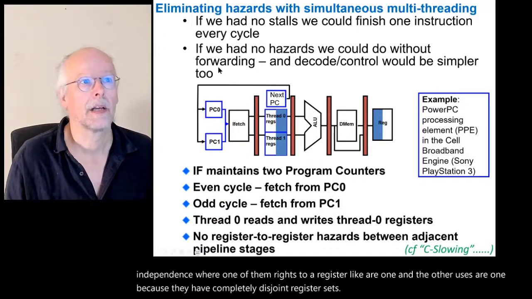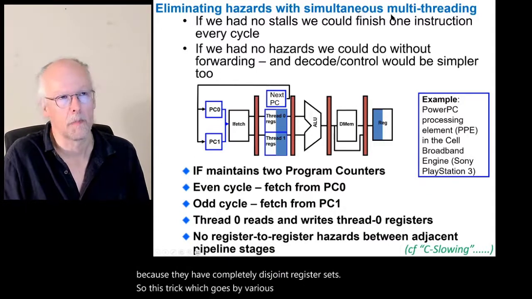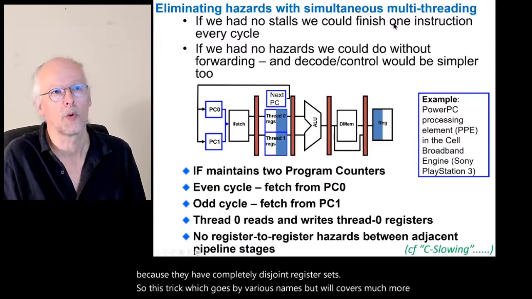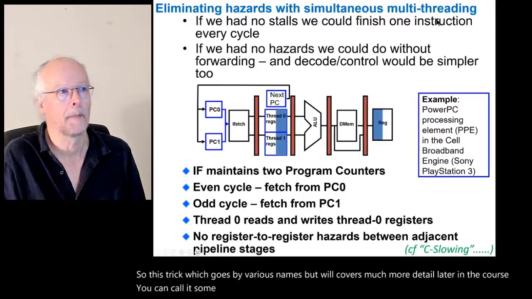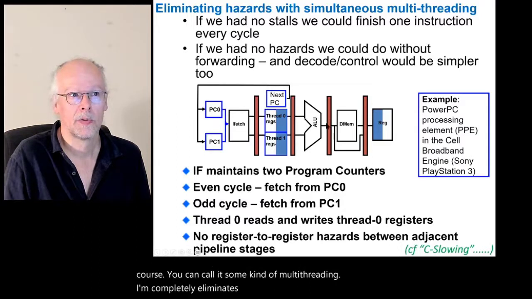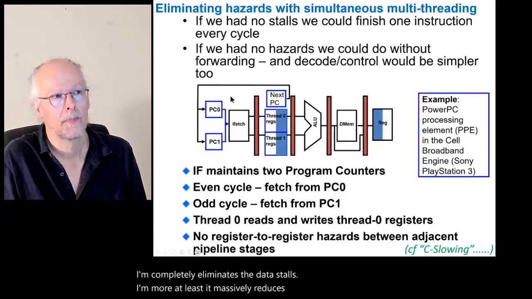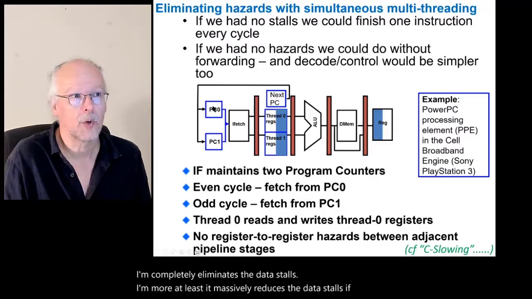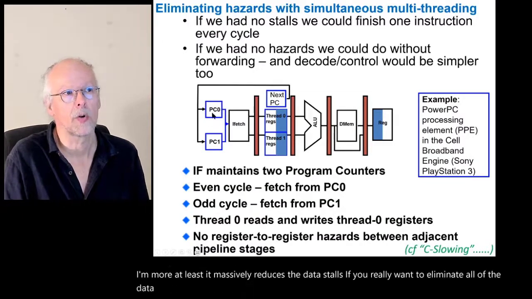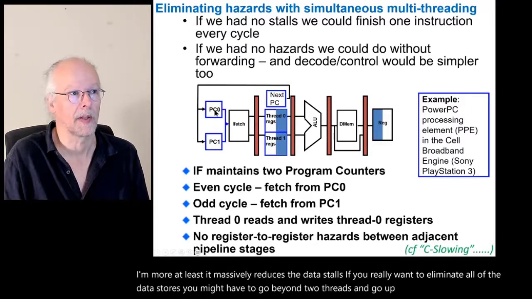So this trick, which goes by various names, and we'll cover this in much more detail later in the course, you can call it some kind of multi-threading, completely eliminates the data stalls, or at least it massively reduces the data stalls. If you really want to eliminate all of the data stalls, you might have to go beyond 2 threads and go up to perhaps 4 threads or something like that.